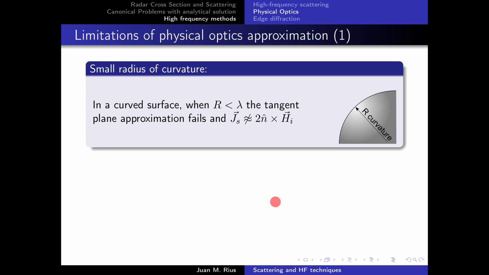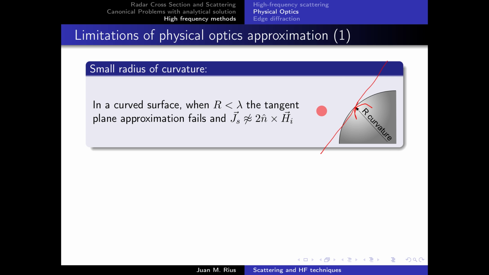Well, we are using the tangent plane approximation. Of course, our surface will be close to a tangent plane if the radius of curvature is very large. However, if the radius of curvature is small, the current in a cylinder or a sphere of a small radius of curvature will not be similar to the current in an infinite plane.